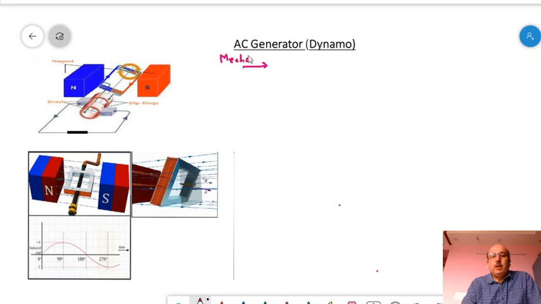Here the mechanical energy is given to the alternator, which is a rotating device, and it converts it into electrical energy.